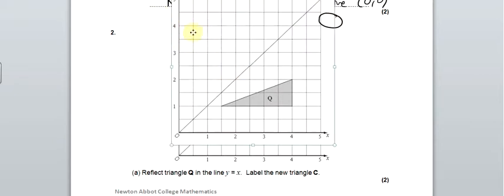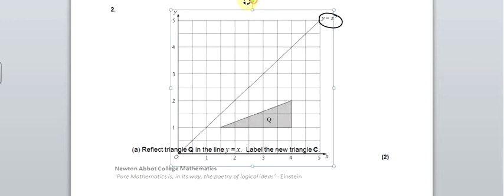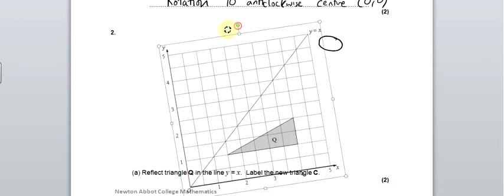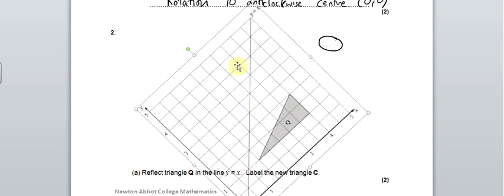And what I'd say to you is, when you're doing a question like this, something which will help you a huge amount is if you turn your paper round so that the mirror line is going vertically up your page. Because then you can see, well, that's going to go to there because it's half a square, isn't it?